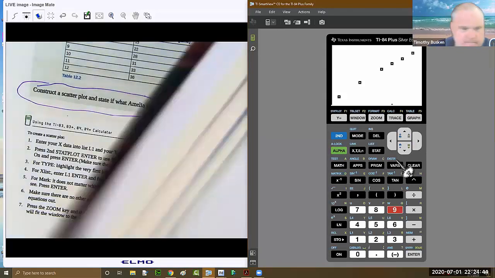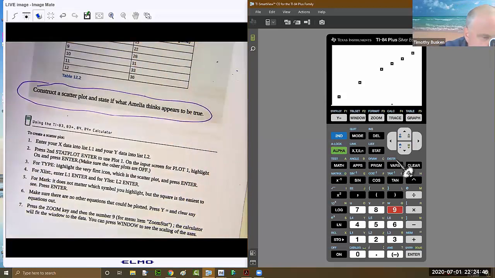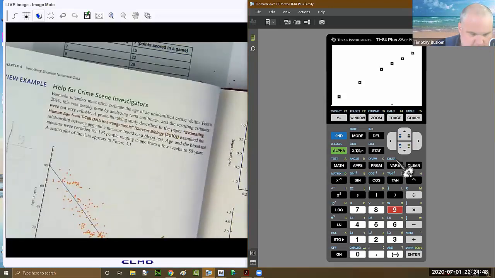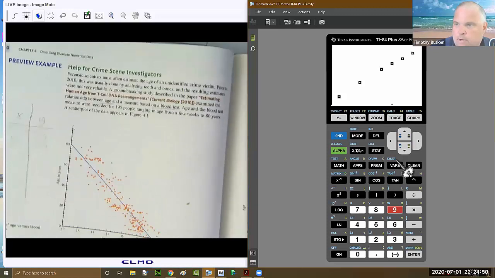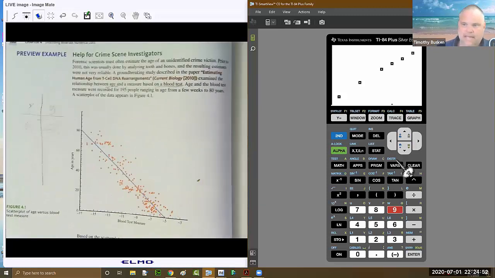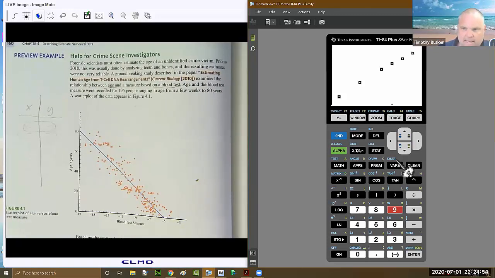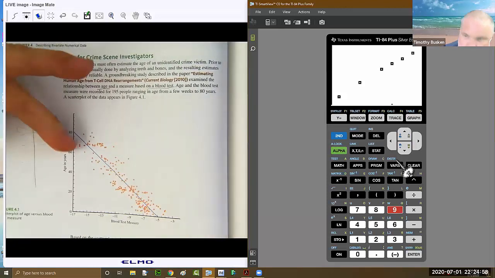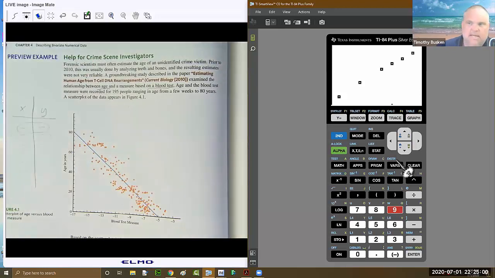And so what we want to do here is randomly gather data, bivariate data, and graph them and inspect to see, is there a linear relationship? And if so, is it a strong enough relationship that it's significant and useful?